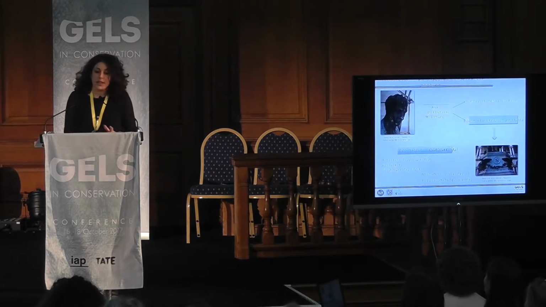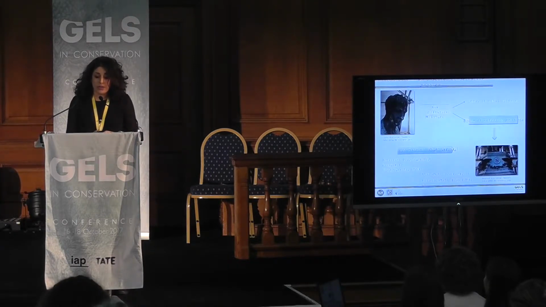These are the main decays which we can find on bronze metal, and we can also find stains of corrosion products on marble faced with bronze elements.